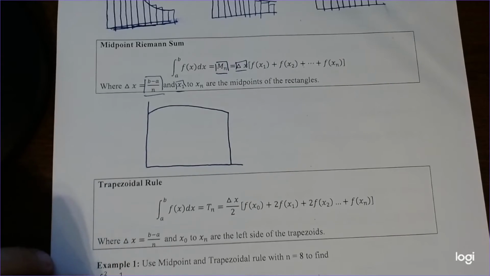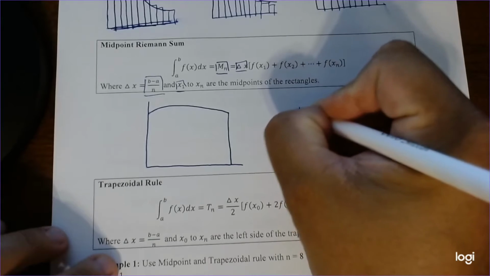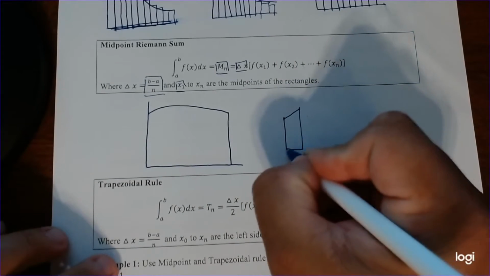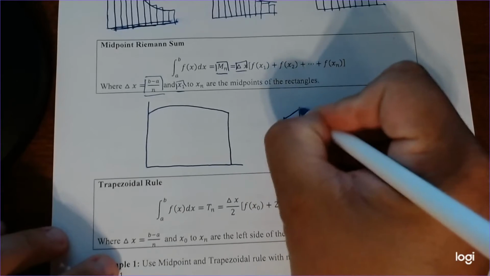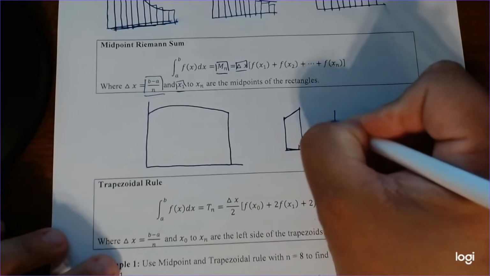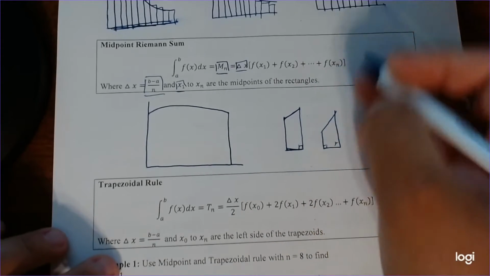Okay, a trapezoid, if you're not sure what it looks like, kind of looks like this, with two parallel sides, and usually a base that's a 90-degree angle and a slanted line like this. If you want, you can make it more detailed so you can see what an actual trapezoid looks like, with right angles everywhere. So it's very similar to an actual rectangle.